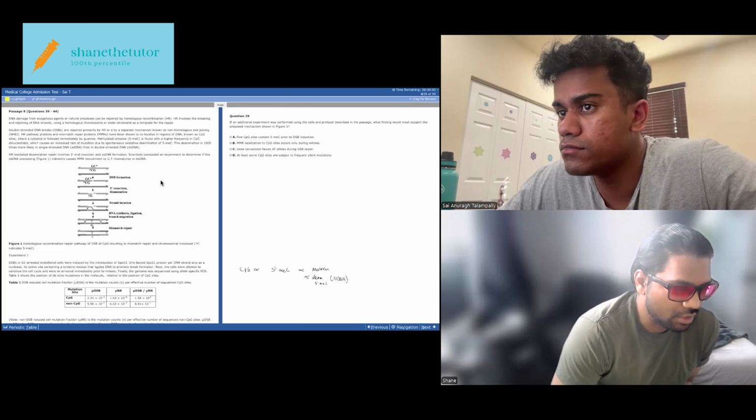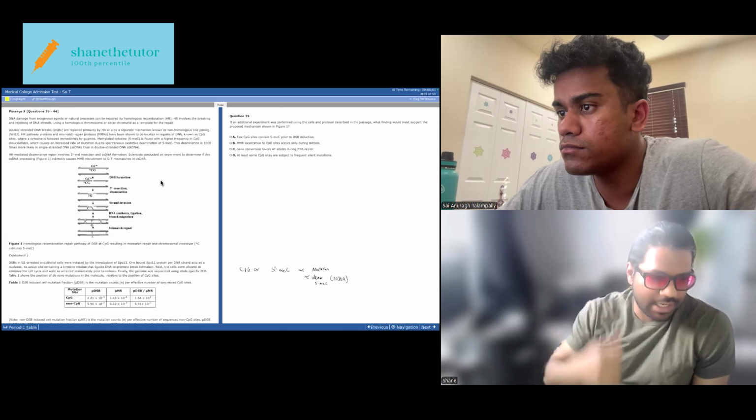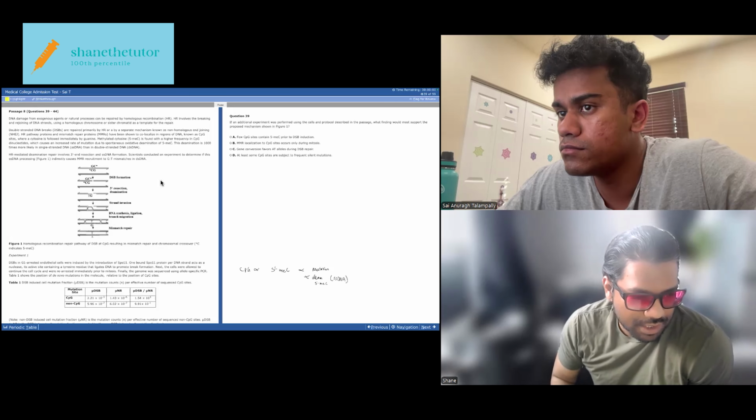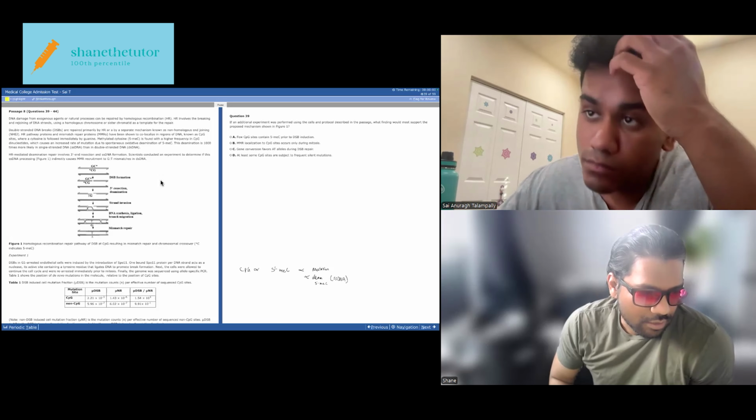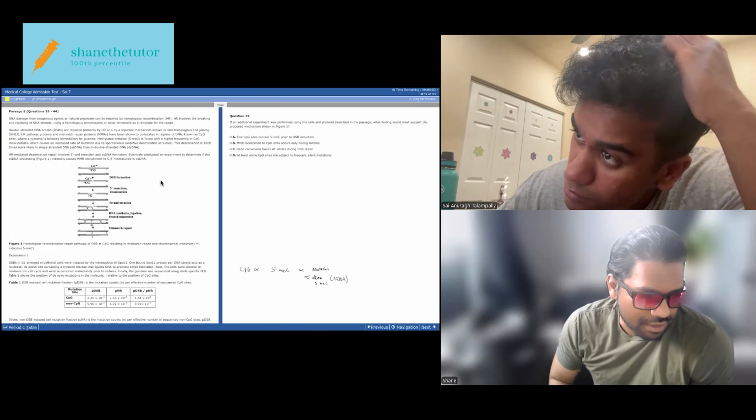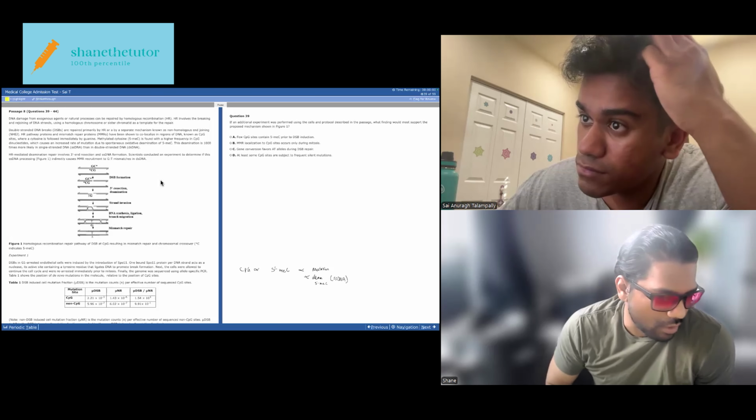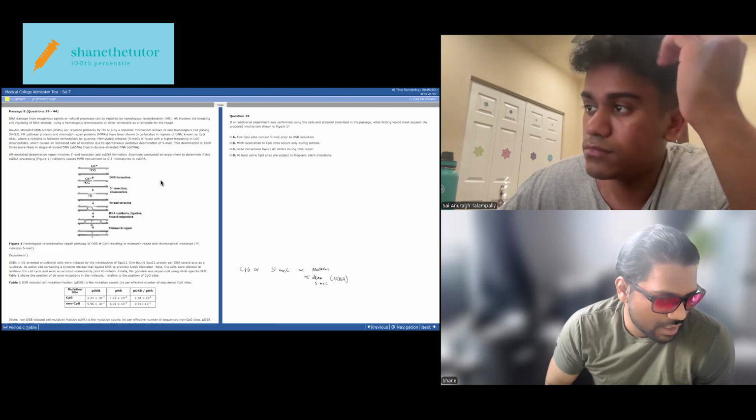So DSBs in G1 arrested endothelial cells are induced by SPO11. One bound SPO11 protein per DNA strand acts as a nuclease, which causes double strand break formation, I guess.